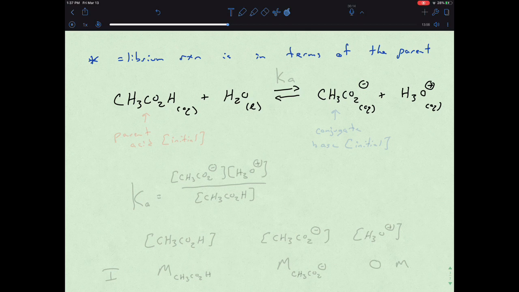So here is our parent acid, and we have an initial concentration of it, and here is our conjugate base, and we also have an initial concentration of it. So that's the big change again, not just one or the other, but having both.